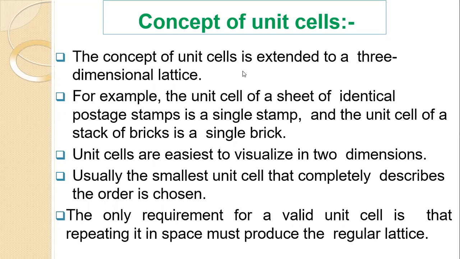Generally unit cells are very easy to see in the two-dimensional way rather than the three-dimensional way, and usually the smallest unit cell that completely describes the order is chosen.